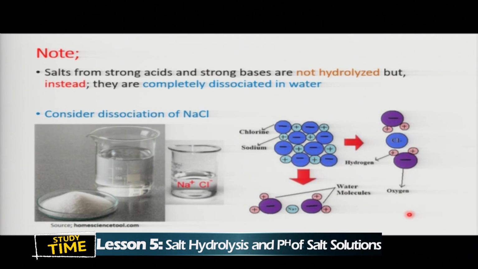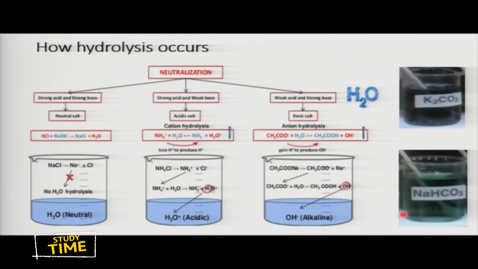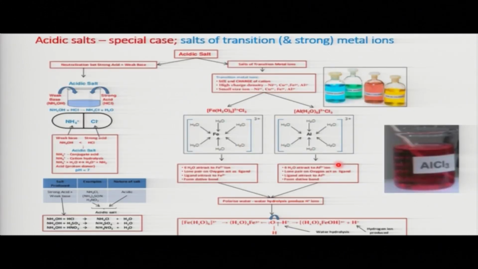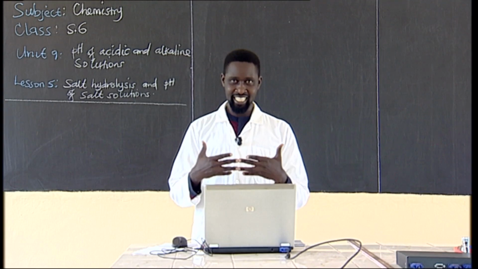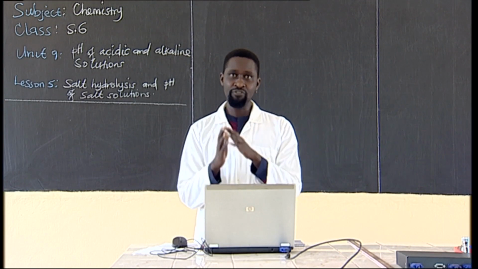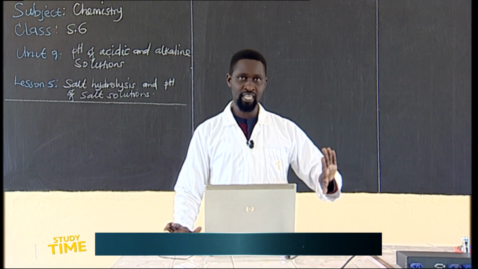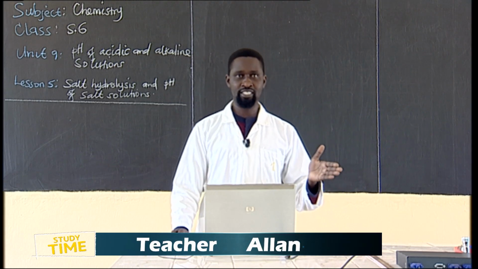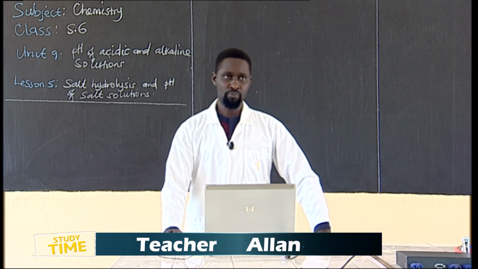So those are the three cases we can look at, but I have a special case, and that is aluminum chloride. Aluminum chloride is a special case. Yes, it is an acidic salt, but how it comes about and what exactly takes place in the solution differs from the other two cases we looked at, for ammonium chloride, for instance, and potassium carbonate.